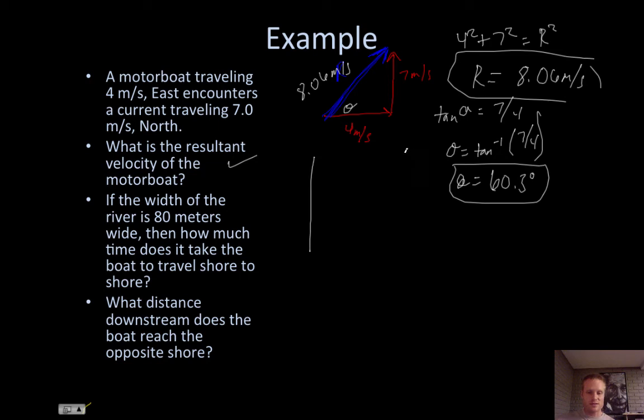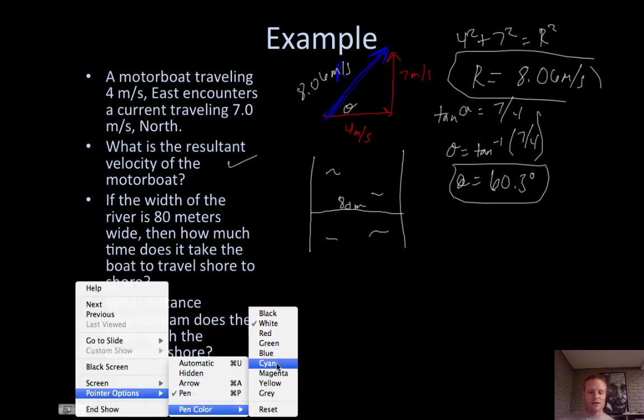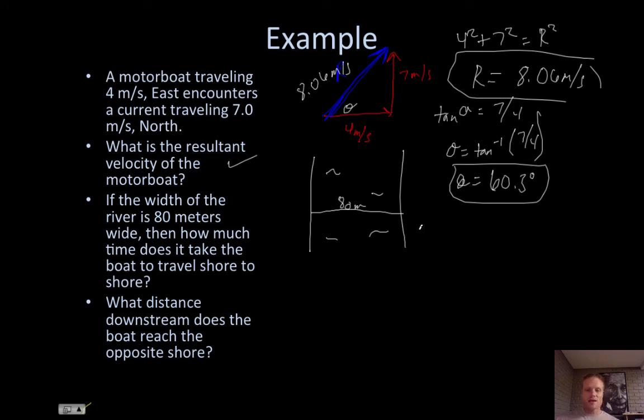Okay, so here's the river. And again, you guys can see some of my phenomenal artwork. There's the river. And this is 80 meters going straight across. Okay. How long would it take to travel shore to shore? Okay, let me change pen colors so we can stay on this piece. So again, you have 3 velocities here, right?